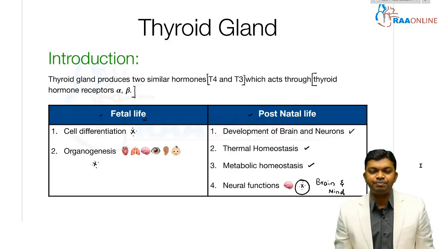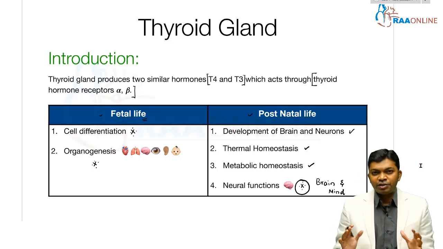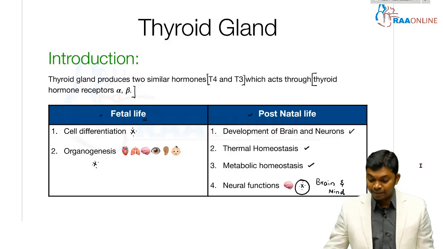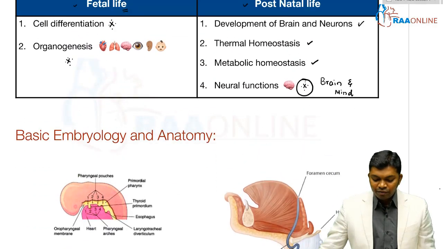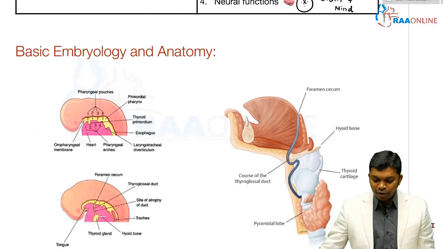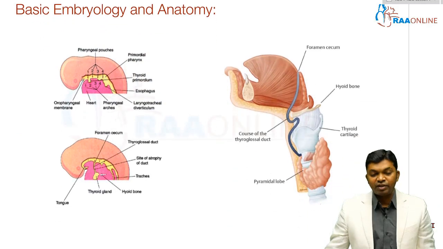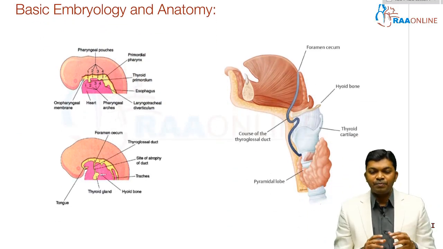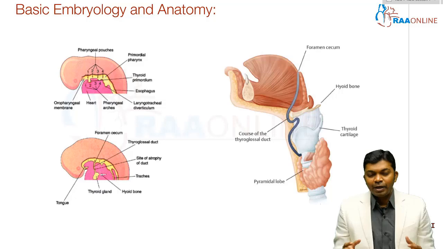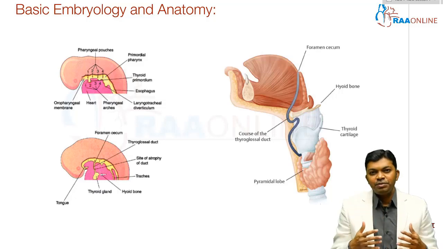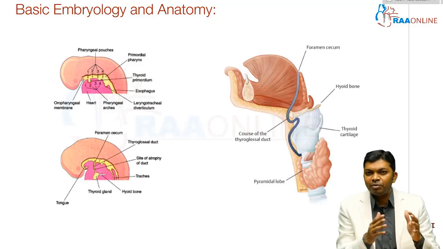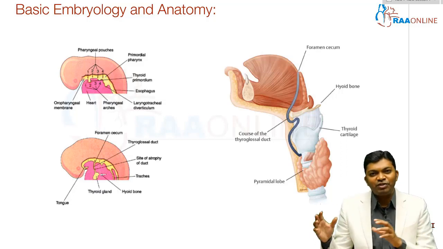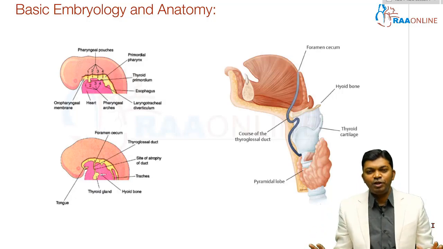This is crucial. Once your introduction is done and set, you have to move on to a discussion of basic embryology and anatomy of thyroid gland. How thyroid gland is developed in an embryo, what is the age of development of thyroid gland in the embryological stage, and how does it migrate from the point of origin to the point of its final destination. These points you need to know.